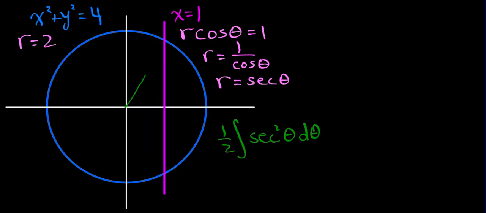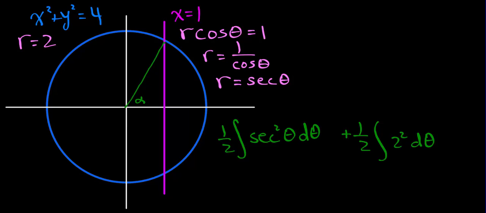So we're going to keep integrating, and then we get to this alpha right here. And then we're going to transition to this other r, and that's going to be 1/2 2 squared d theta. So we're going to add up those two things. This is going to require two integrals.